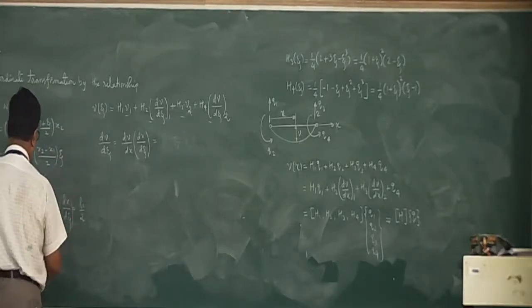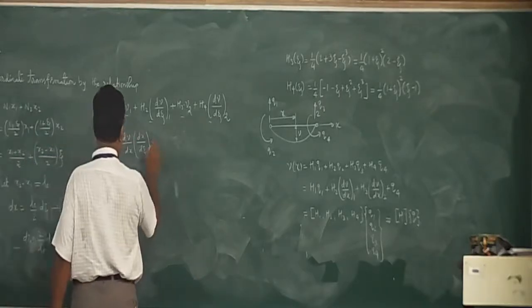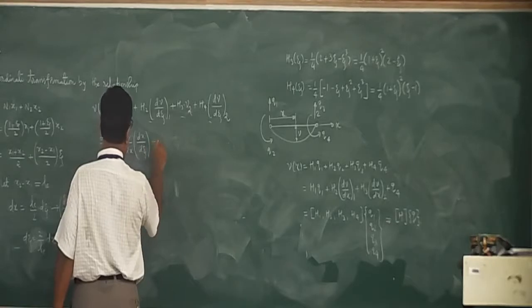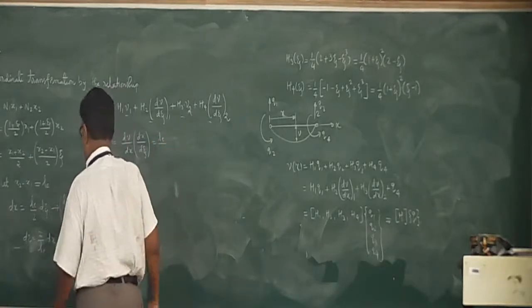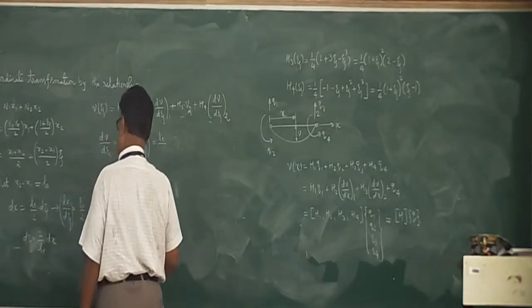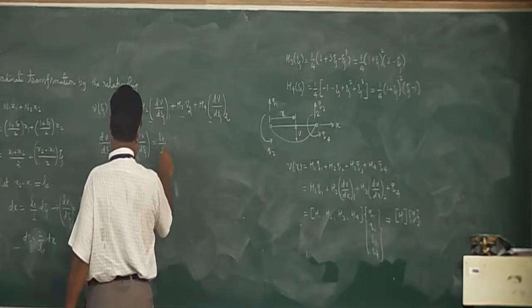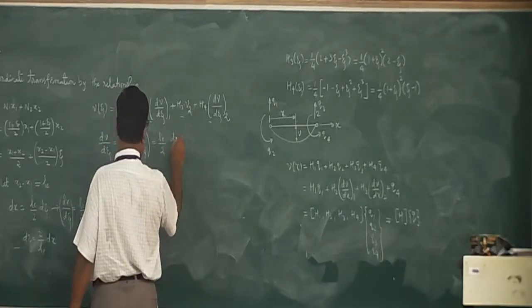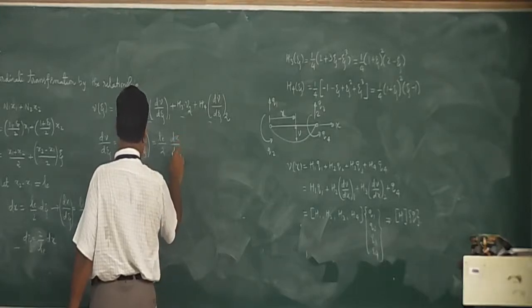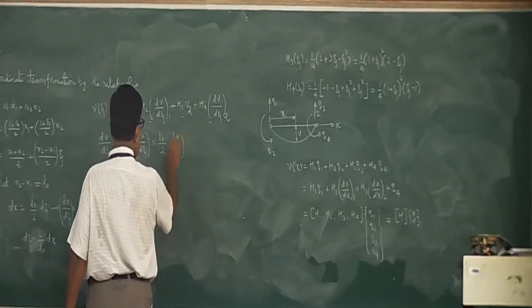If I put this into the chain equation, dV/dζ equals LE by 2 into dV/dx. Exactly. This is what you will get.